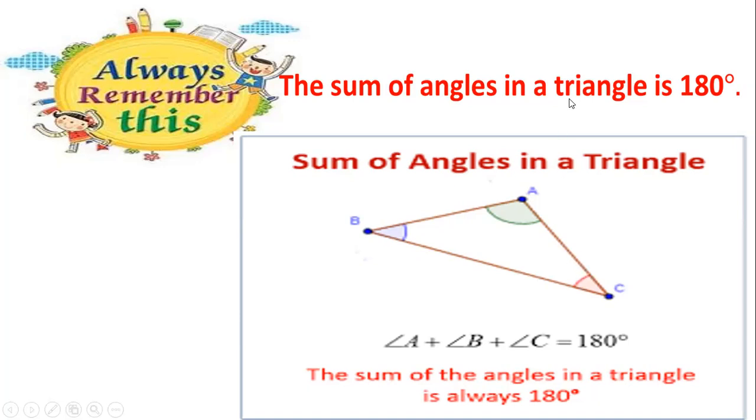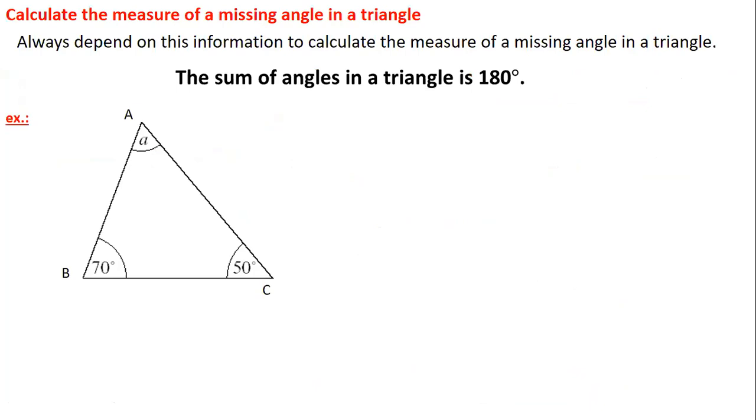So if I wanted to apply this sentence, I say the measure of angle BAC plus the measure of angle ABC plus the measure of angle ACB is 180 degrees. So the sum of angles in a triangle is always 180 degrees.